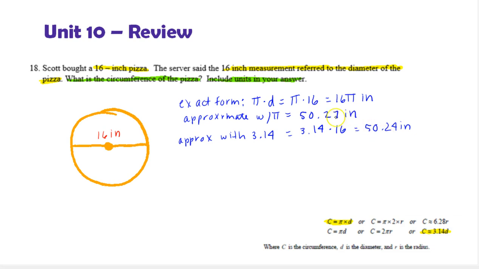So notice that these are relatively close. This is a better approximation than this one, because we use more decimal places of pi, but they're all acceptable. And if it's multiple choice, you'll see that your answer is pretty close, and then you just know they used a different approximation for pi.